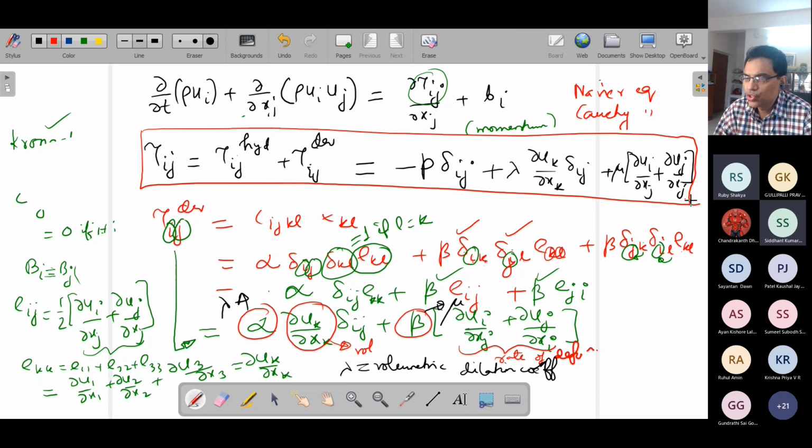But the most general case is this one. So this is the generalized, not most general, general only up to Newtonian along with homogeneous and isotropic. So this is actually a mathematical statement of Newton's law of viscosity for homogeneous and isotropic fluid. So we will stop here today and we will continue in the next class.